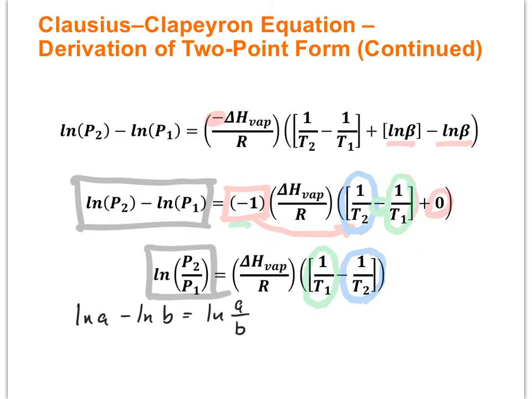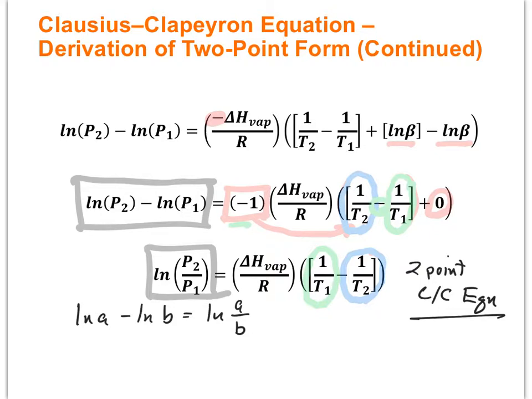And so this is the final form of the most commonly presented form of the 2-point Clausius-Clapeyron equation. So that's where we get that 2-point form.